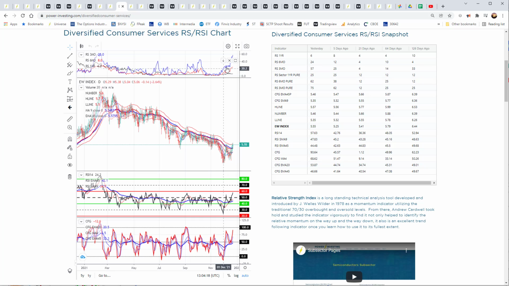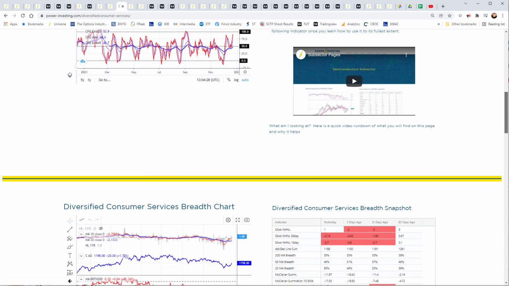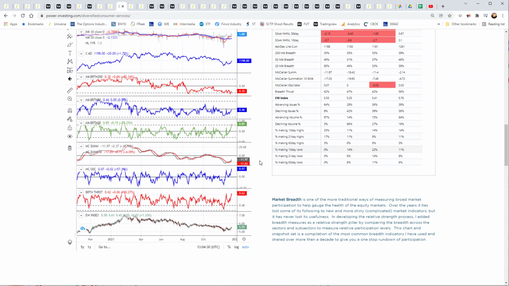But what we are seeing is a 3-month RS making a big jump from flatlining almost down near zero up to the 60s now, moving the 6-month up as well, which is the red line. You pull this one on down and take a look at its breadth. Its breadth has certainly made it up to 85% of the companies over the 20-day moving average.